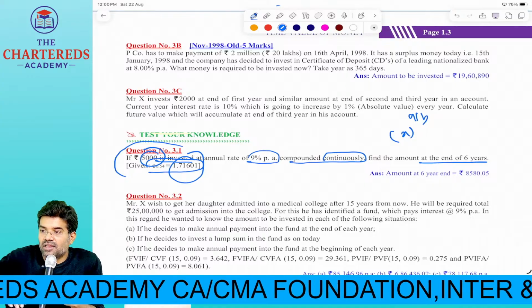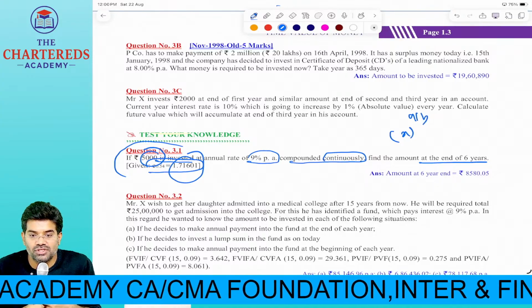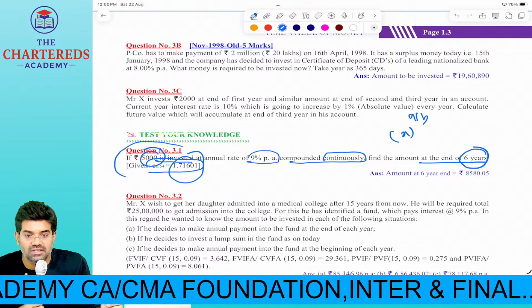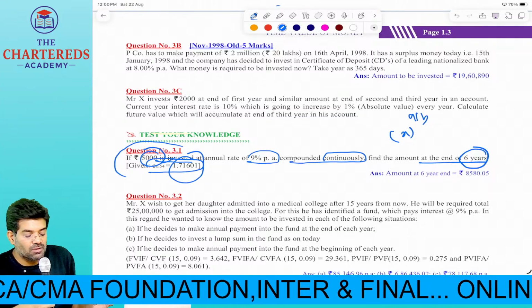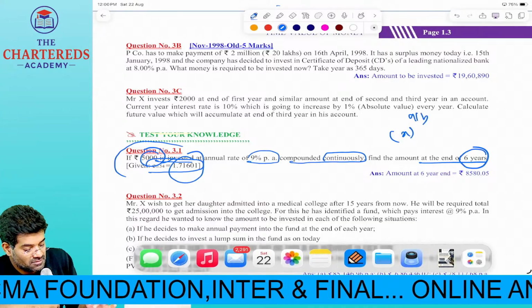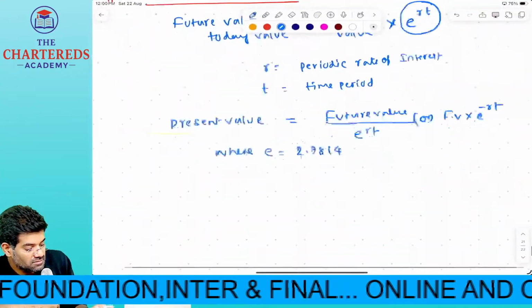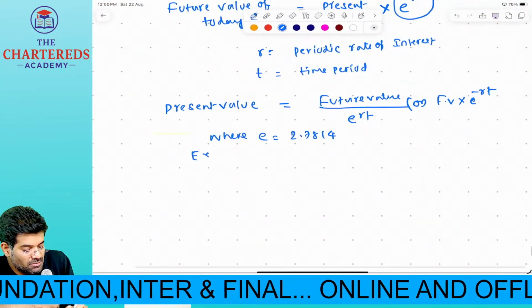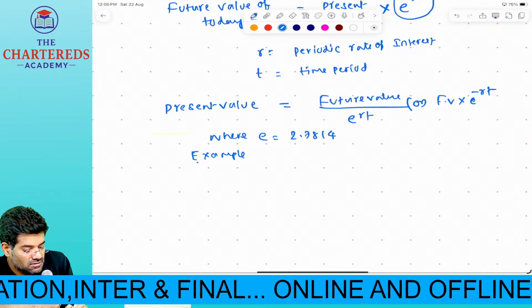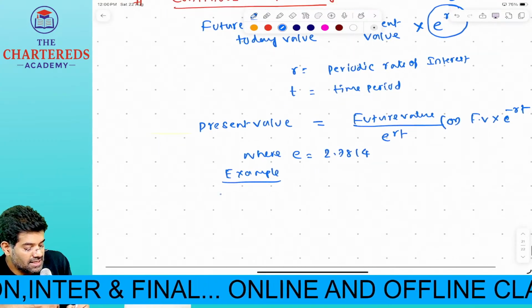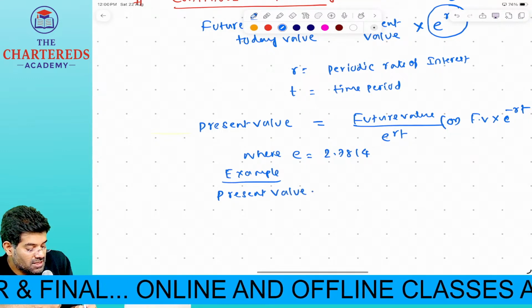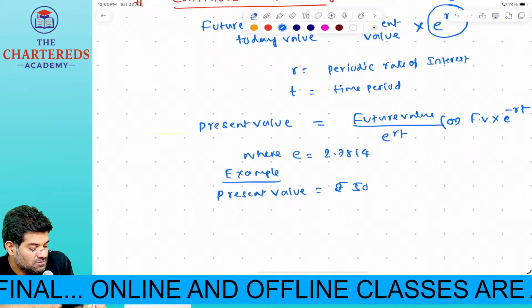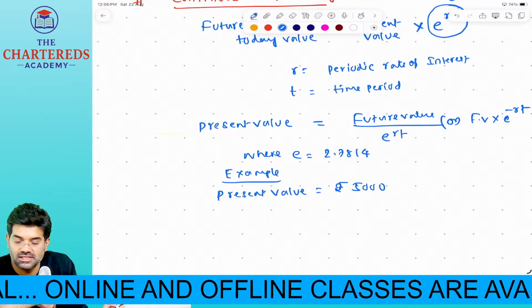Okay. And when they want you to calculate future value after 6 years, continuous compounding, no. So tell me what is the formula for this? Here as an example you can quote: present value is equal to 5,000 rupees.